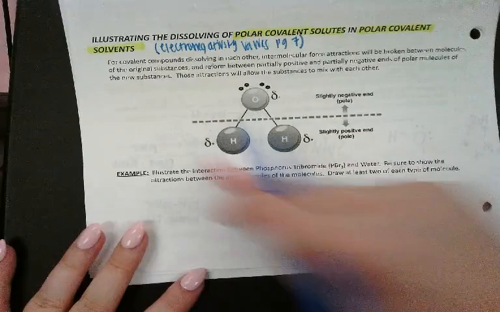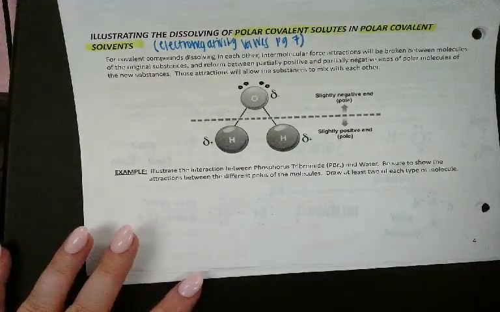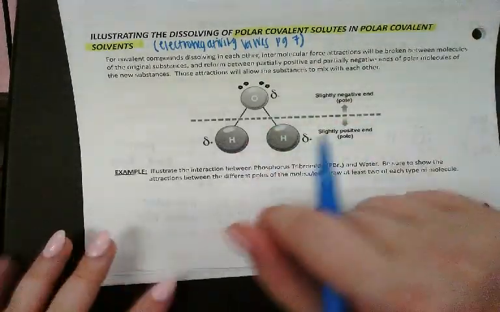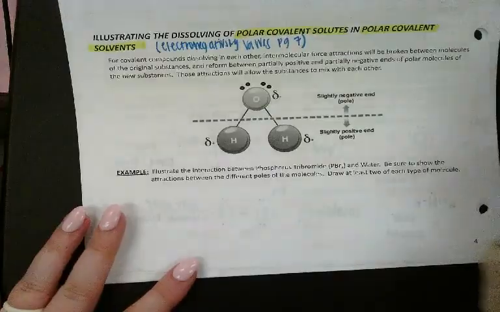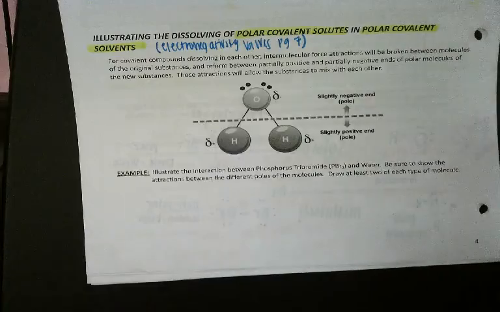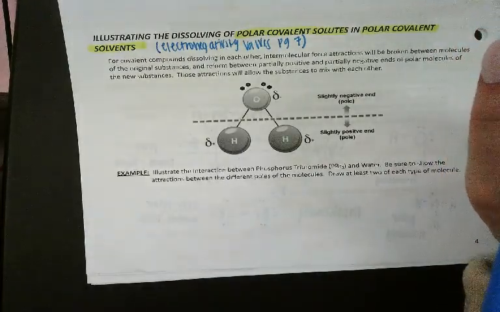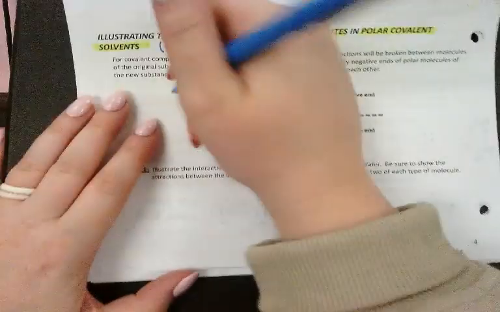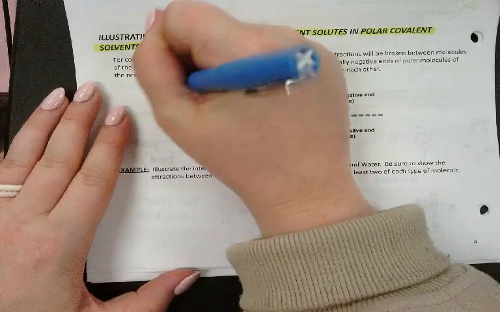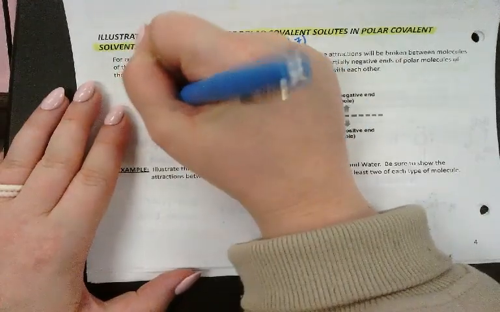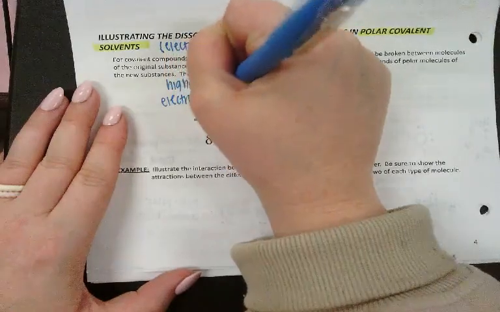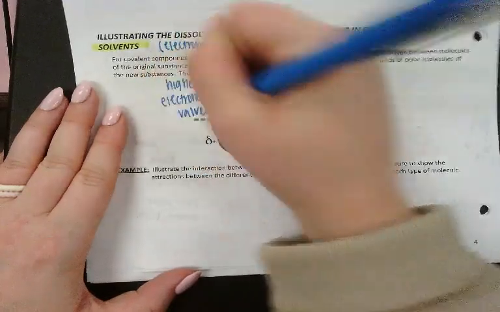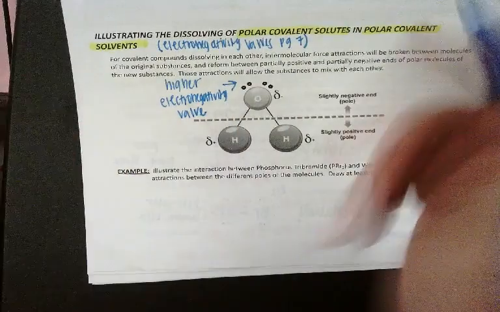So if I'm looking here, this is water, H2O. So why do we think oxygen is my slightly negative end? Higher electronegativity. Okay, higher electronegativity value.